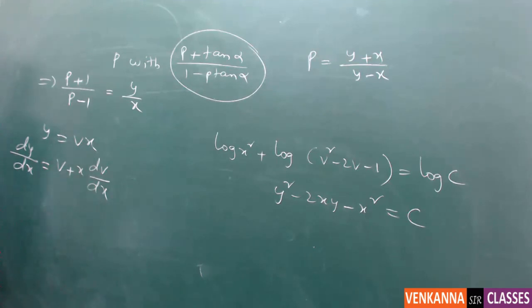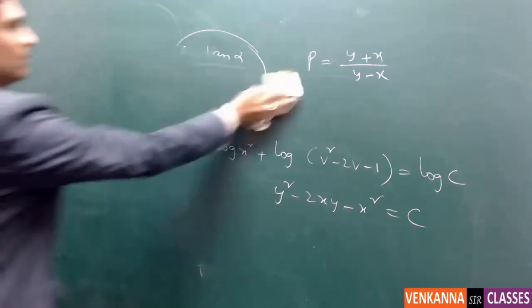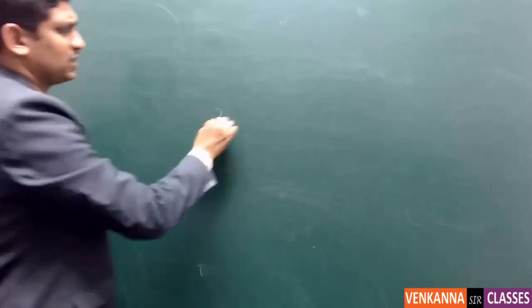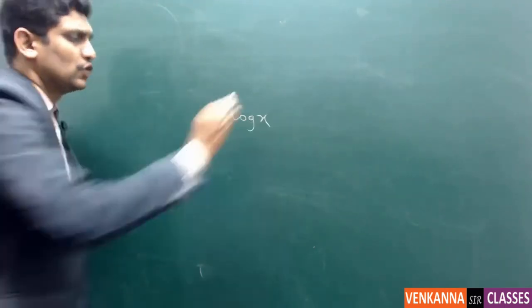Fine? Right. How x square? You are going to get 2 log x, so that x square will come.